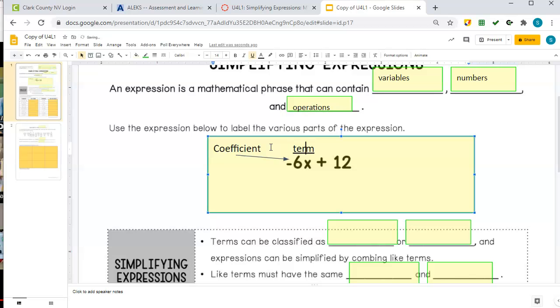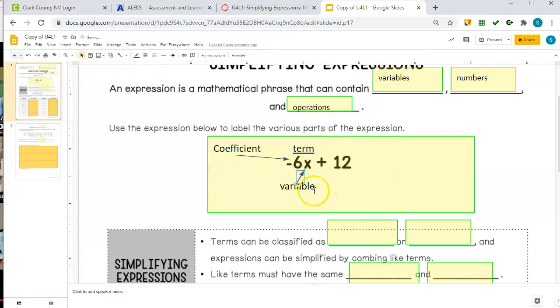Then we've got our operation down here. So our variable is our x. I'm going to undo that. Grab another little arrow. There's our operation.